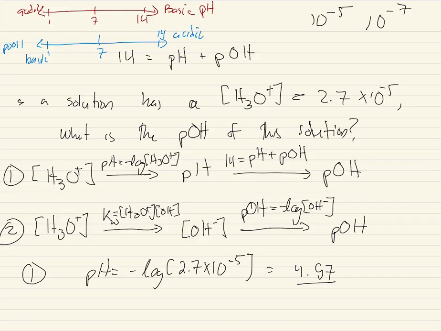So now you have a value for the pH, and now we plug it into our equation. 14 equals the pH plus the pOH. We rearrange this to solve for the pOH. So how do we solve for or isolate the pOH here? What do we do?